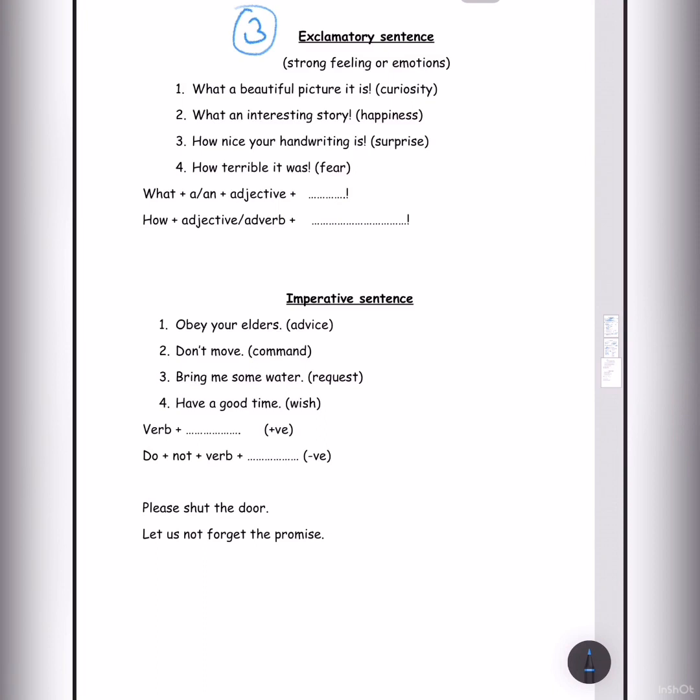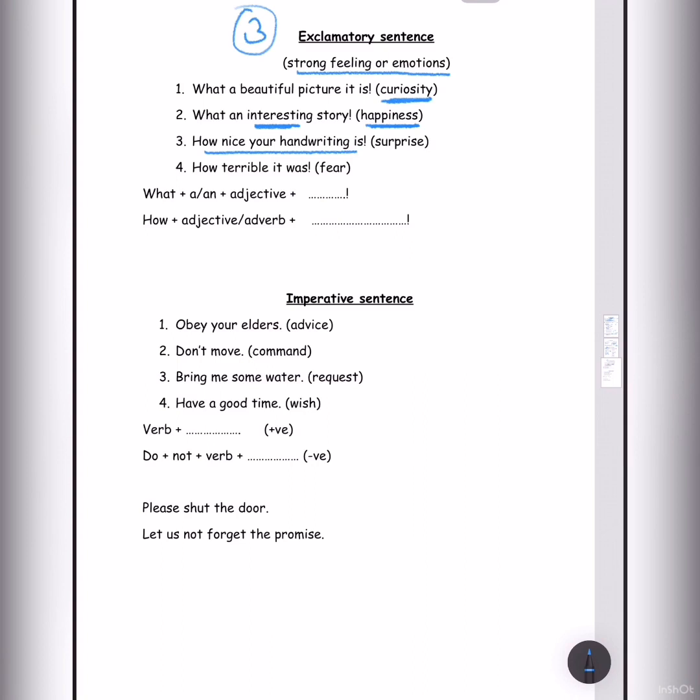Exclamatory sentence expresses strong feeling or emotions. For example, what a beautiful picture it is. It shows curiosity. What an interesting story. After hearing a story, if it is very interesting, you will express, what an interesting story. Means you are happy to hear that story. How nice your handwriting is.